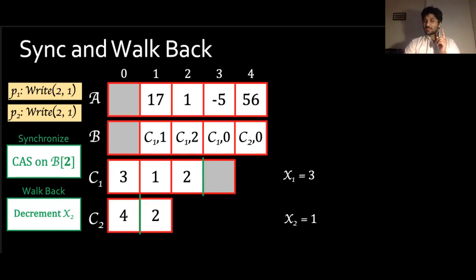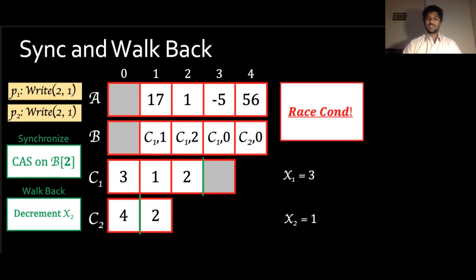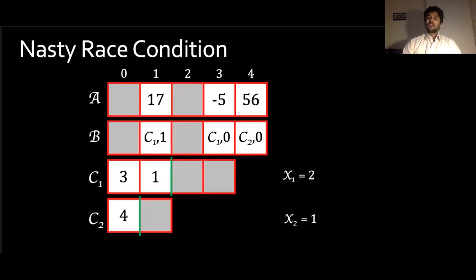Well, not quite. It turns out that we can run into a nasty race condition if we're not careful in our implementation of walkback. We now illustrate this potential race condition by giving an example run. For concreteness, let us fix the initial function f to set all elements to 0.